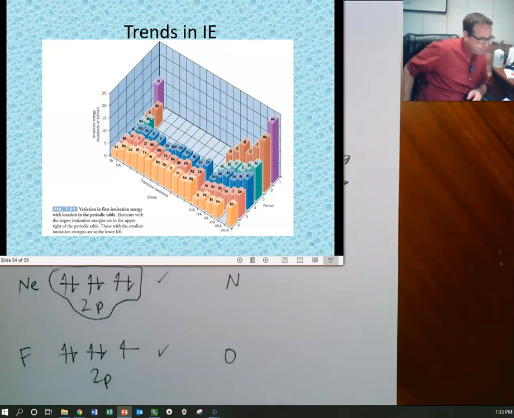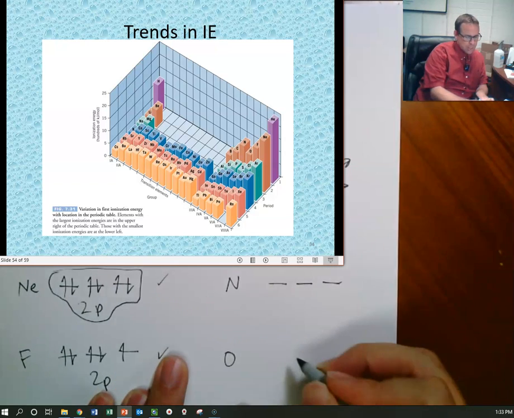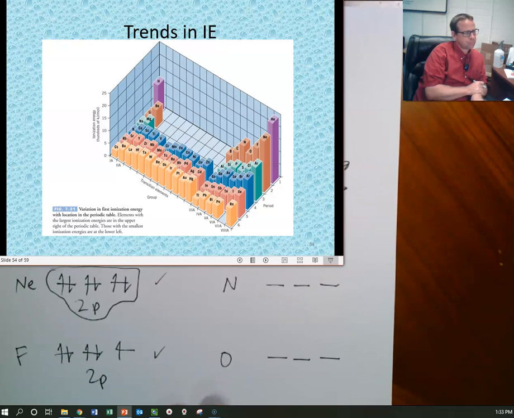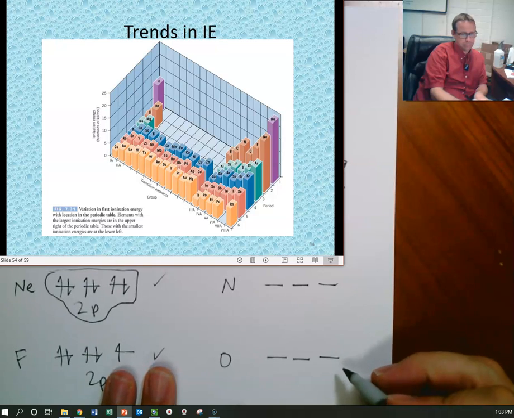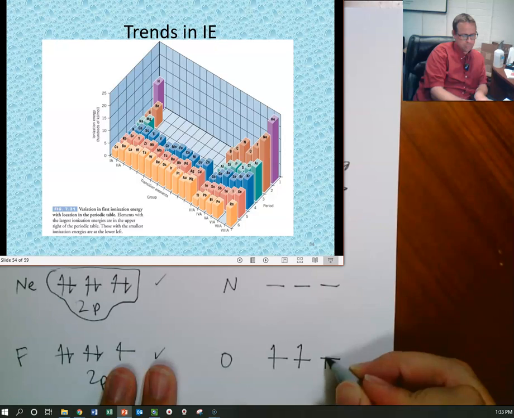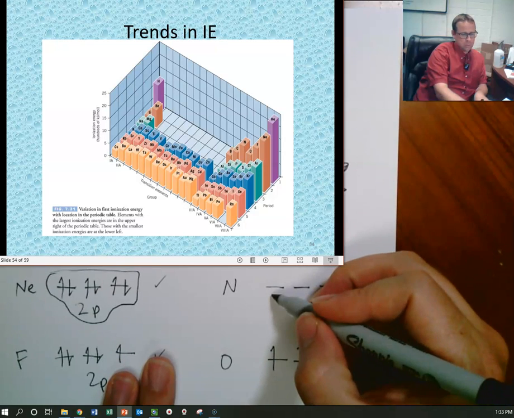Any ideas, Landon? It's easier to take one from oxygen because you're only dealing with 2 unpaired orbitals. And with nitrogen, you're dealing with all of them since they're all unpaired.